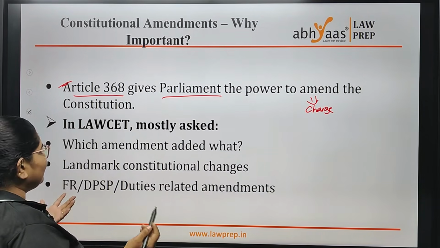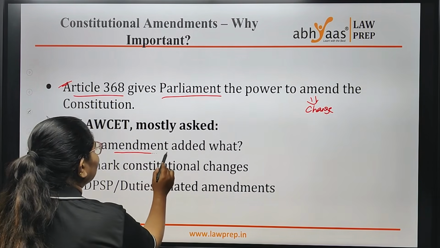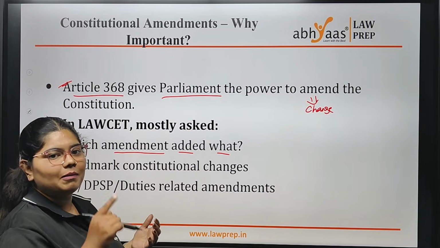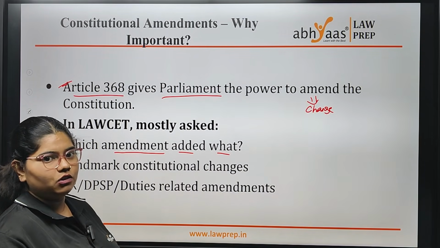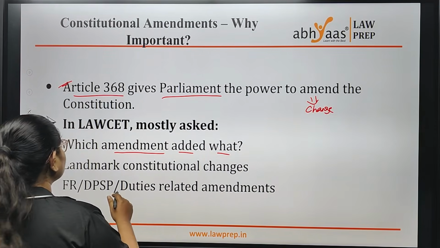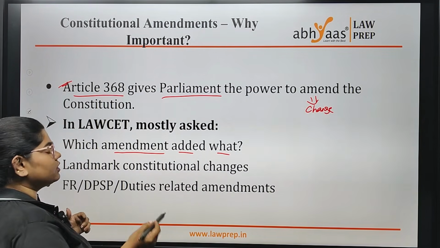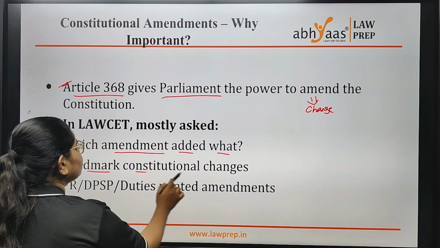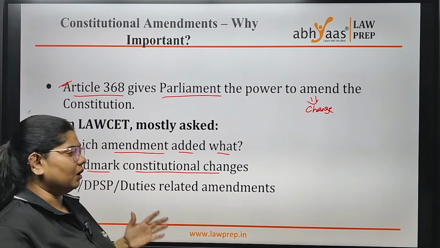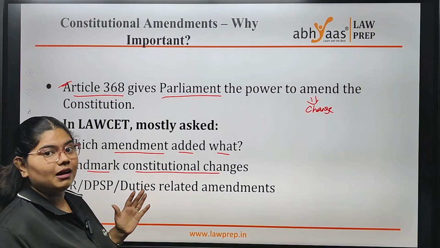First, they can directly ask you which amendment added what. For example, what has your first amendment been talking about? What has it added or what has it removed? They can also ask you the landmark constitutional changes. For example, your 42nd amendment is the most important one and it has made many landmark changes.